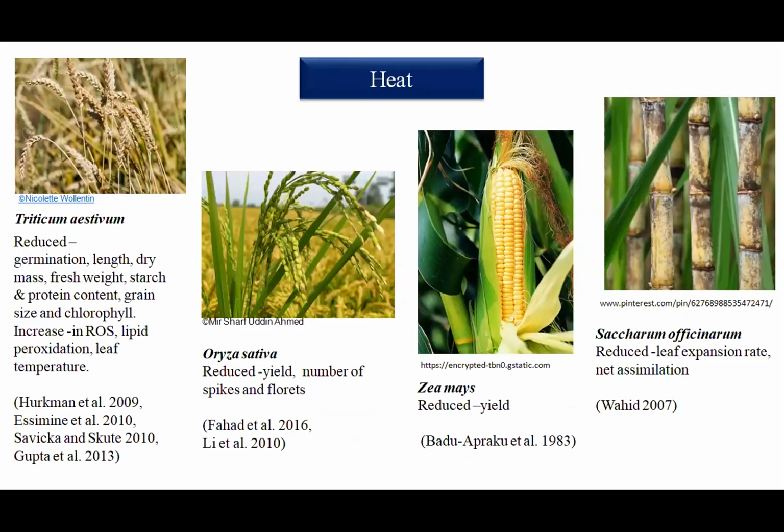If I talk about specific abiotic stresses, if we talk about heat, it results in severe problems in the case of major staple food crops. Here I'm giving the example of wheat, rice, corn, and sugarcane as well. It results in reduced germination and overall protein content, and reduced yield overall in all of the crops.